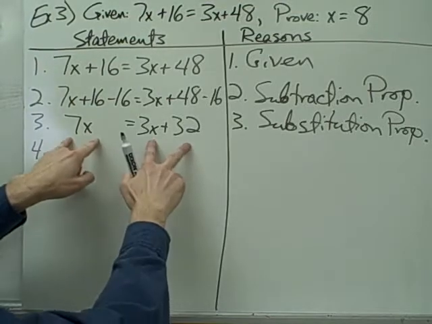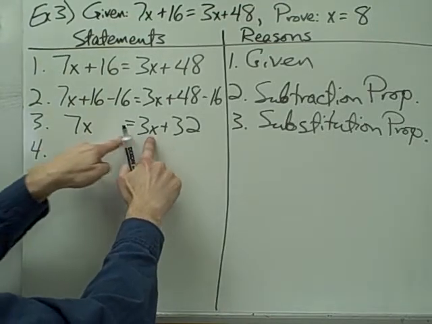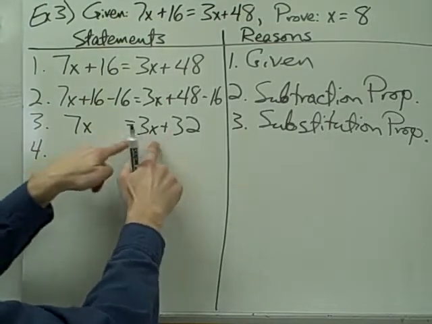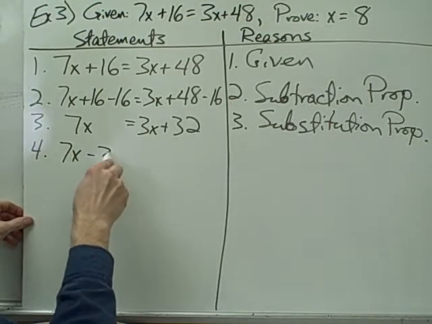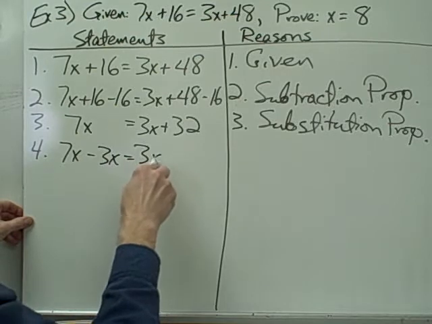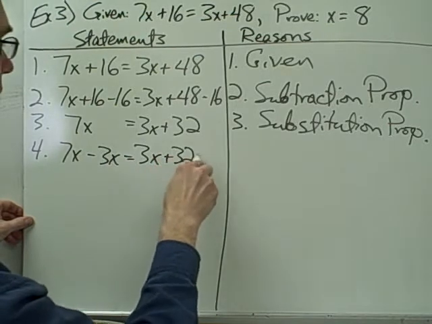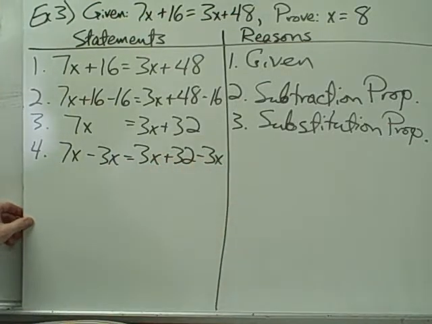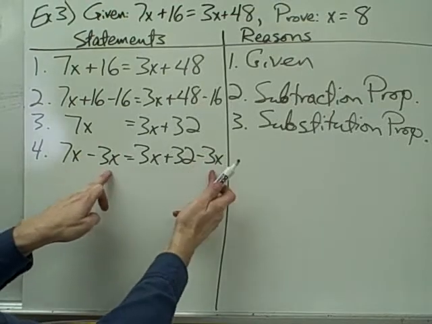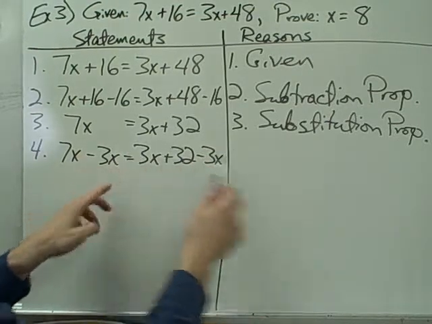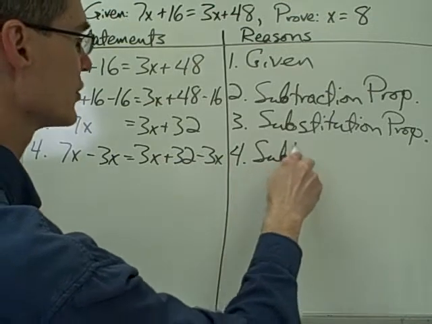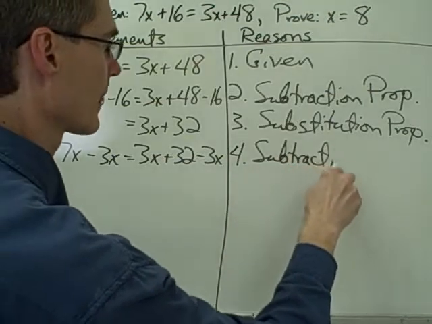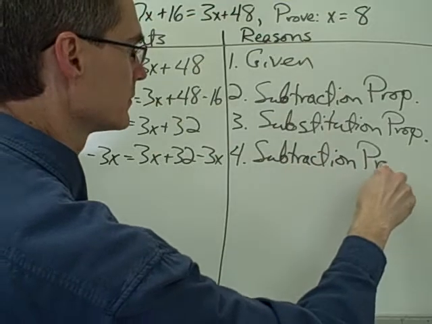Step number 4, I want to get all my x's together, so if I subtract 3x from each side of my equation, then I'm going to get all my x's together. So 7x minus 3x equals 3x plus 32 minus 3x. Subtracting the same thing from both sides of the equation means using the subtraction property of equality.